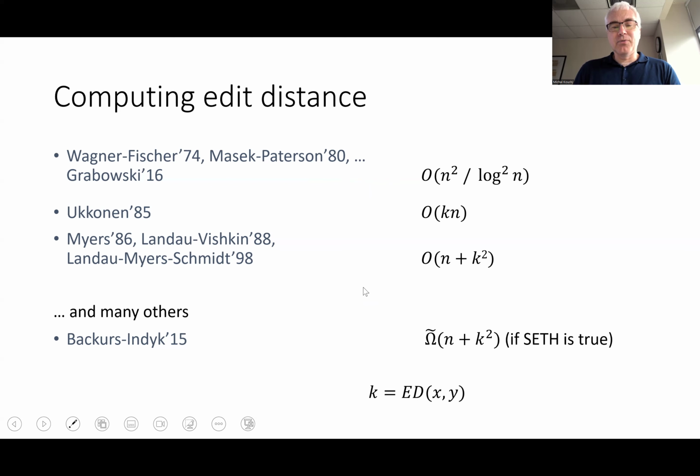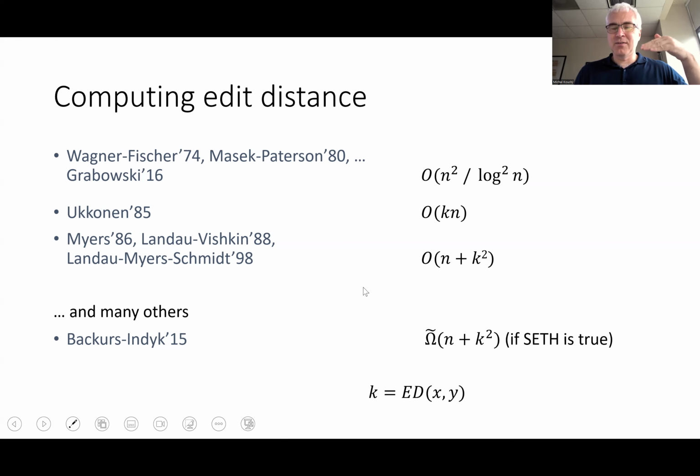What we will focus on in this talk is exactly this parameterized setting, where we have some parameter k, and we are looking at what I would call threshold k edit distance: if the edit distance between x and y is below k, I want to know exactly the edit distance, and if it's above k, then I just want to know it's above k, so it's large.